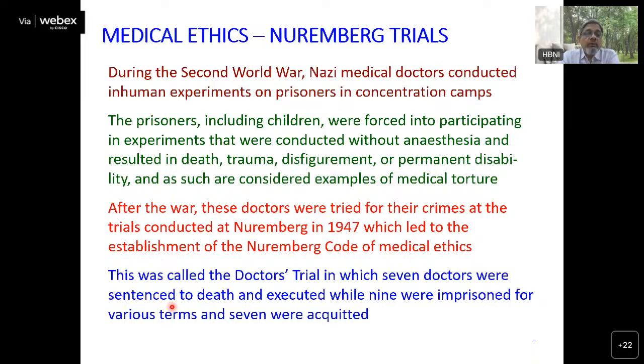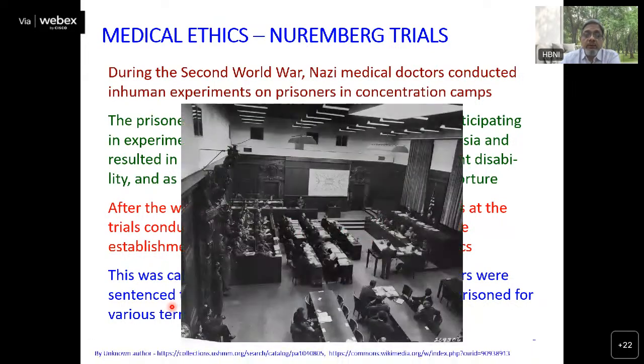After the war, these doctors were tried for their crimes at the trials conducted at a place called Nuremberg in 1947, which led to the establishment of the first code of medical ethics, called the Nuremberg Code. This was called the Doctors' Trial, in which some doctors were sentenced to death and executed, and some were imprisoned. So this was the actual trial going on in 1947 at Nuremberg.